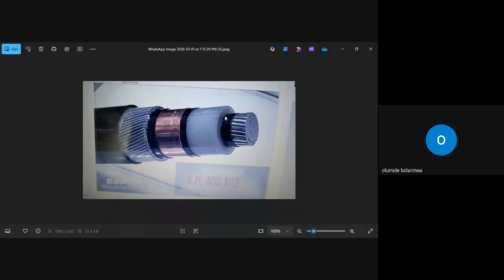Okay, actually, can you repeat the full meaning of that one, XLP? I will tell you. Cross-linked polyethylene. You see this XLP cable can never be used in transmitting light from the transformer inside the building.